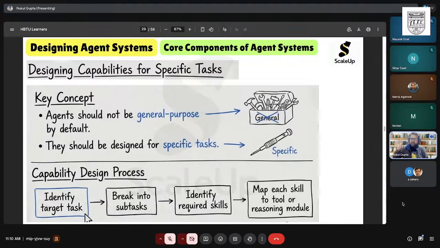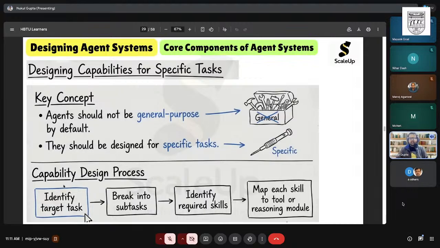Every agent is busy accomplishing a goal. So whenever we are designing agents, we have to start with the goal in mind: this agent I am designing, what goal will it accomplish? Agents should be designed for specific tasks. This is very important, and only then will we achieve something. Goal is very important in agent systems whenever we are designing agents.